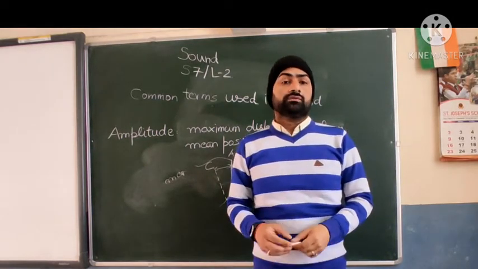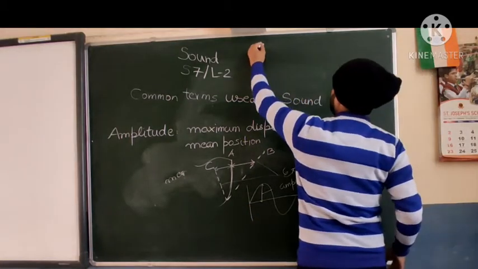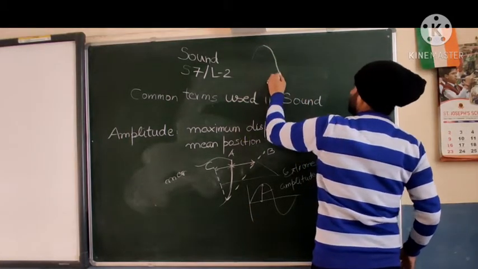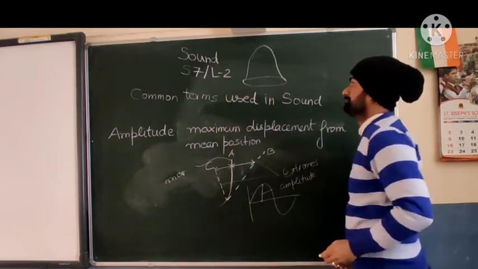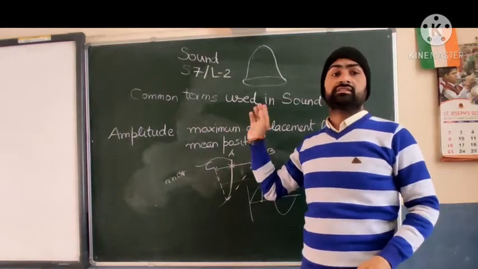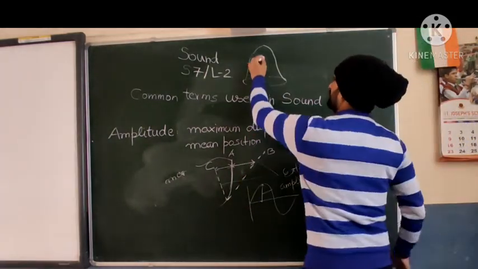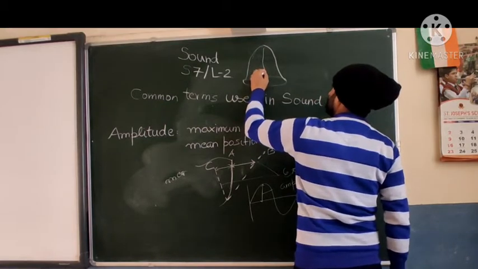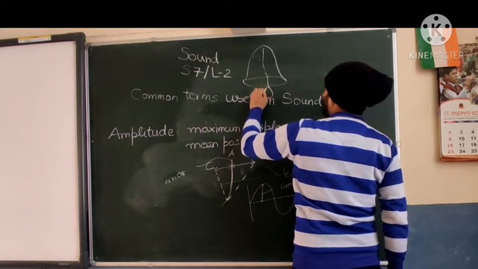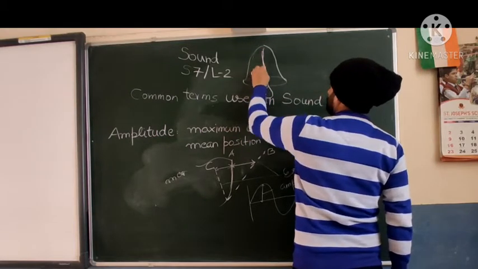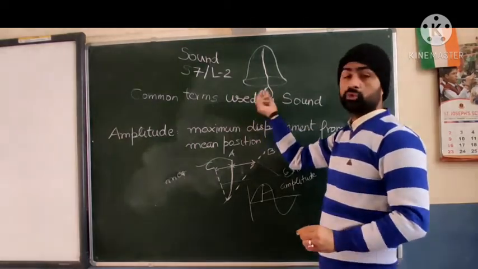I'll draw the bell, then you understand better. You might have purchased these small bells on your birthdays also. This is the portion, and this is a small metallic bob-like structure. This should be inside only, but I have drawn it outside. When this bob is made to strike here, you can have two methods.